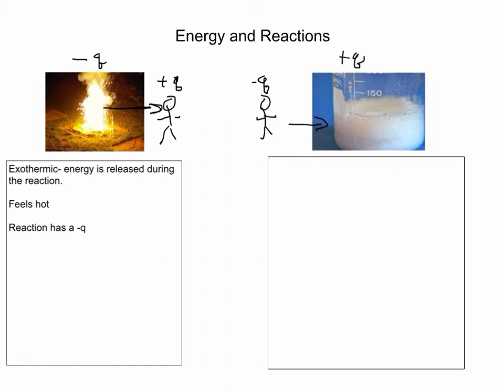On the right, we have what is called an endothermic reaction. And in this reaction, energy is absorbed during the reaction. So for this reaction to happen, energy must be absorbed, and therefore it needs to take that energy from its surroundings.